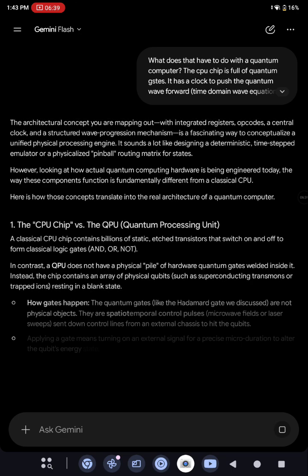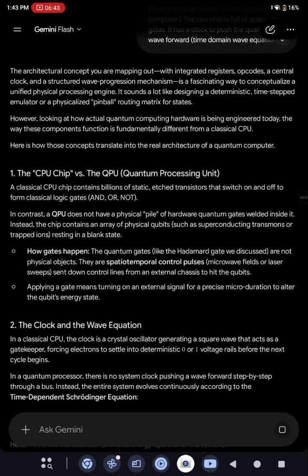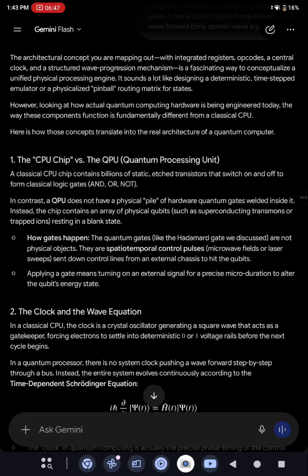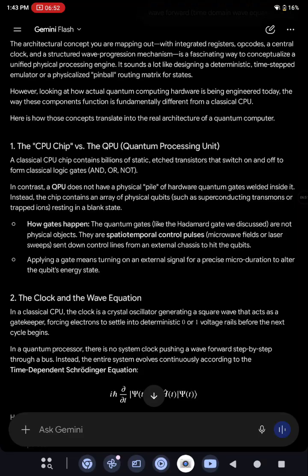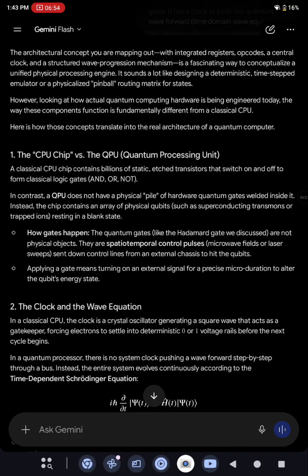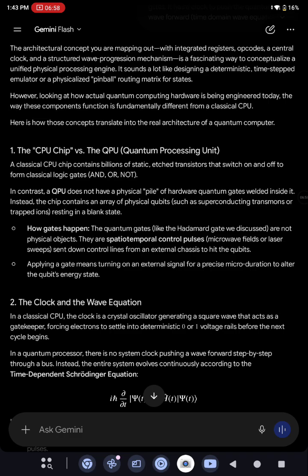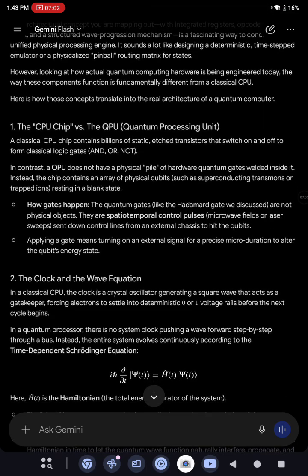The architectural concept you are mapping out with integrated registers, opcodes, a central clock, and a structured wave progression mechanism is a fascinating way to conceptualize a unified physical processing engine. It sounds a lot like designing a deterministic time-step emulator or a physicalized pinball routing matrix for states.